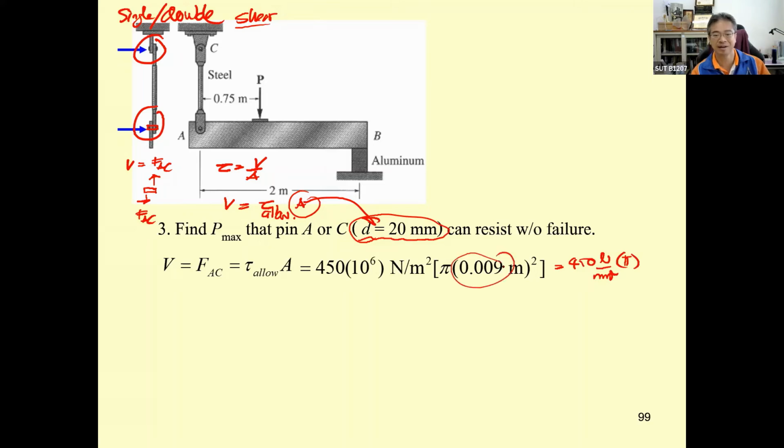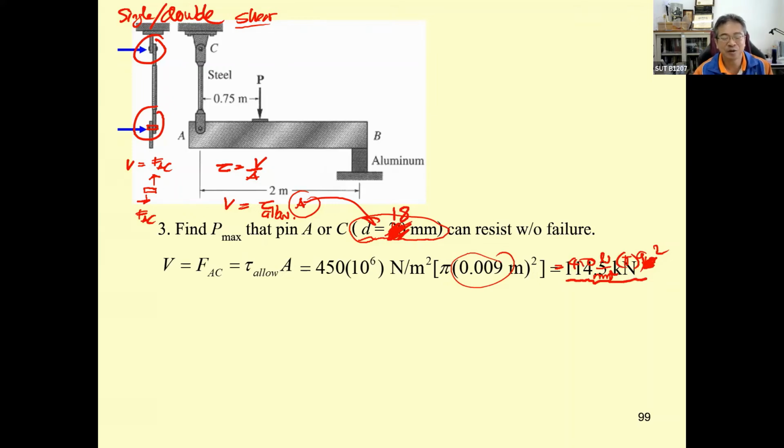This is 9 millimeter. If this is supposed to be pi r square, this one is going to be 9 square. Please check this one for me. It's supposed to be 18 millimeter, not 20. Let me check. Okay, this is going to be 18 millimeter, not 20, to get the answer of 114.5. Change this one.